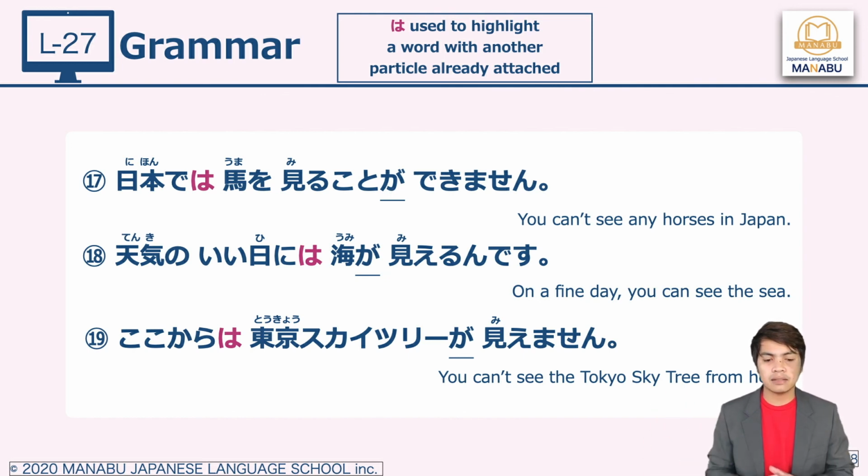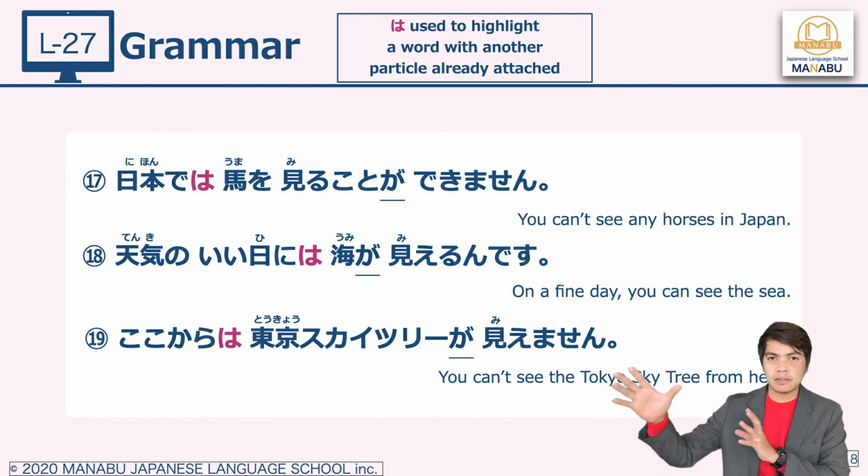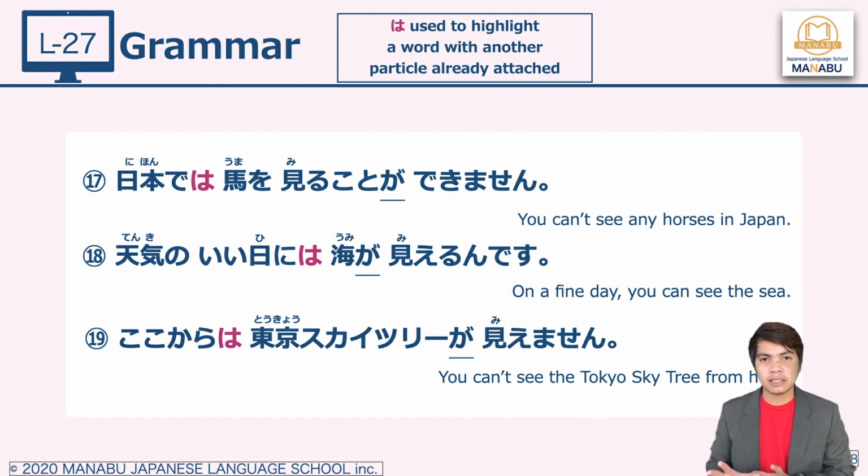Koko kara wa. So to focus on the word koko kara, from here. Because on other places or in another spot, you can see the Tokyo Sky Tree. But koko kara, from here, you cannot see the Tokyo Sky Tree. So to focus on koko kara, from here.